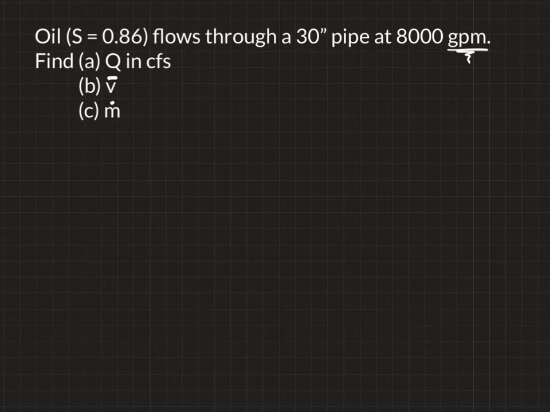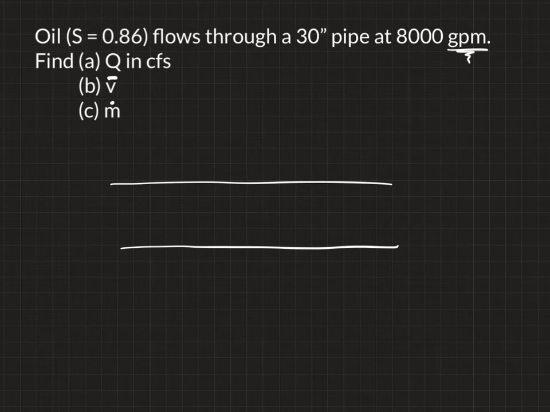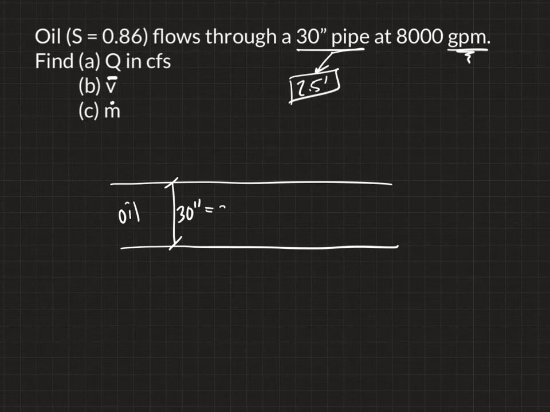I like to draw pictures when I can, even though there's really not much to say about this picture. This is oil flowing through the 30-inch pipe, so 30-inch diameter, at 8,000 gallons per minute. Before we even begin, I'm going to convert this. So that's 2.5 feet, because I don't want to deal with inches.